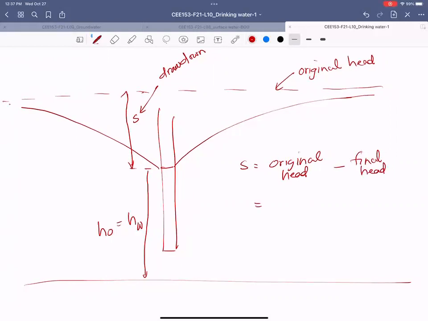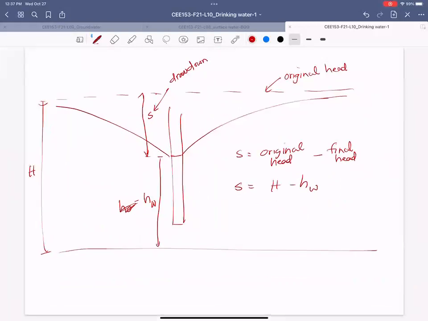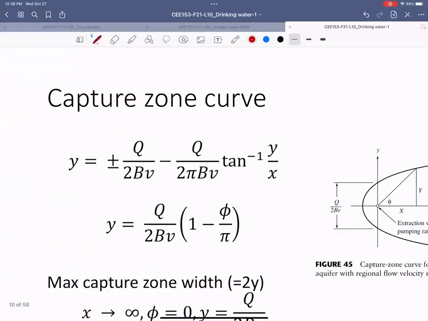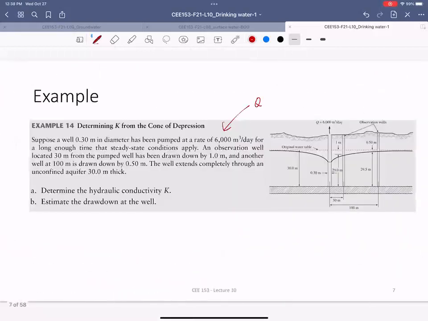I'm just going to write this as your original head, H, before you start pumping, then S equals H minus h. So if you know the original head, you can calculate drawdown or vice versa. The drawdown is just the opposite of how much the head has dropped. All right, so let's solve the example now.